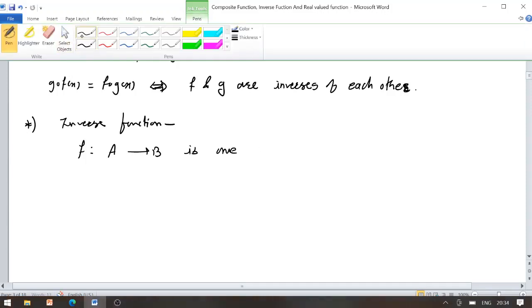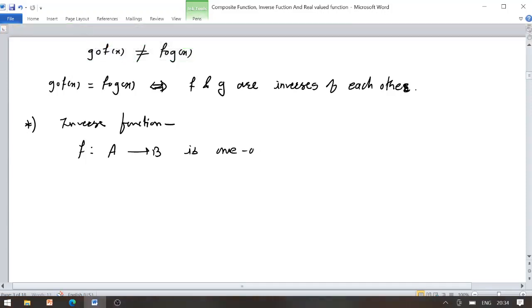If f is a function from A to B that is 1-1 and onto, then the inverse of the given function is defined, or you might write that it exists.